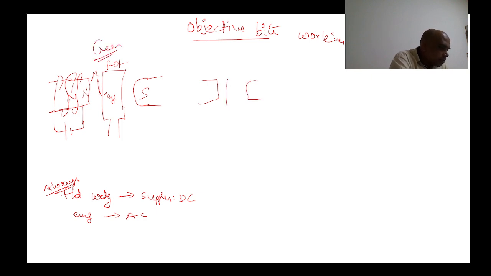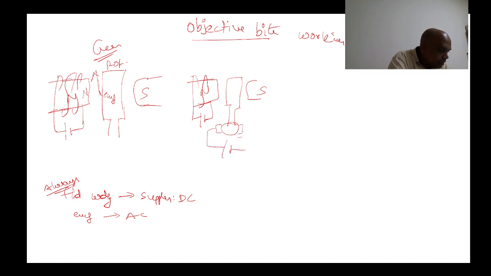For the DC motor, which type of conductor is placed? The field winding is the same. Here you give DC supply. So here the input is electrical. How do you give it? Through brushes and commutator.